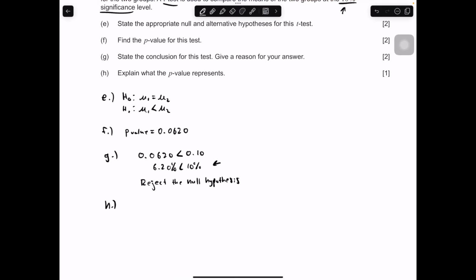To be honest, I would have written something like probability or chance. Probability we see these results from two independent populations, from two independent samples. We see these results by chance alone.